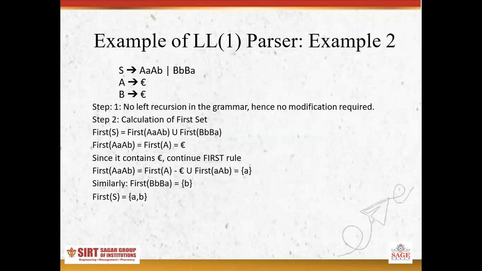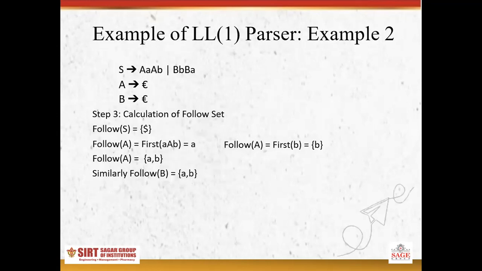First check left recursion, then check whether the grammar is ambiguous or not, then check left factoring. After checking all these steps, evaluate first and follow, then create a table.